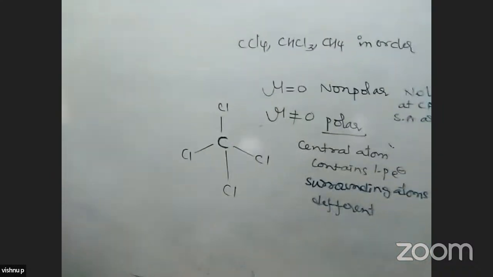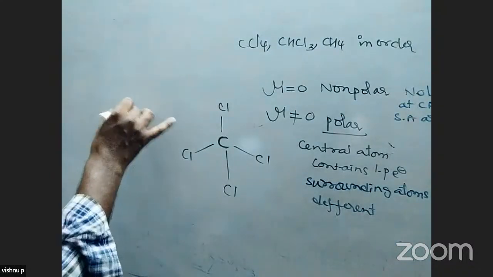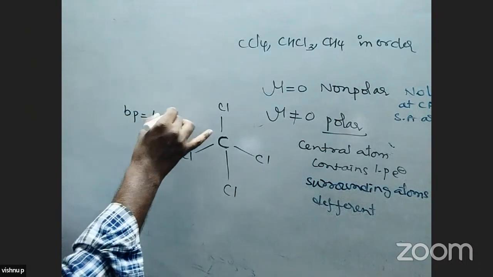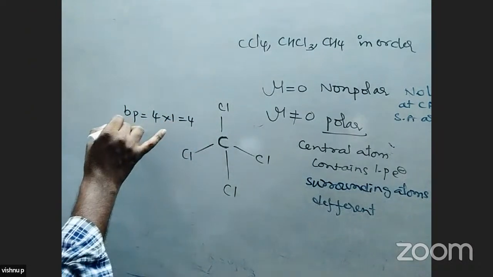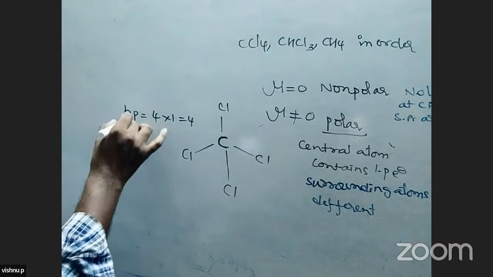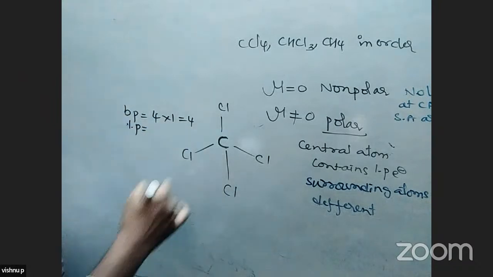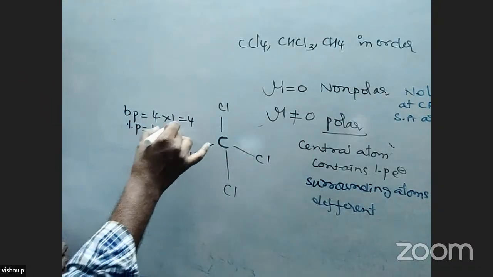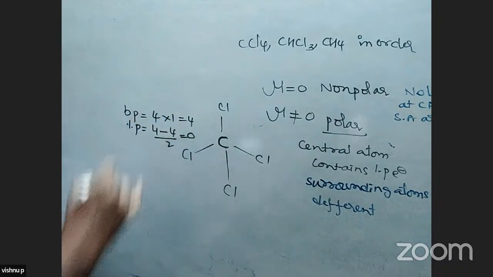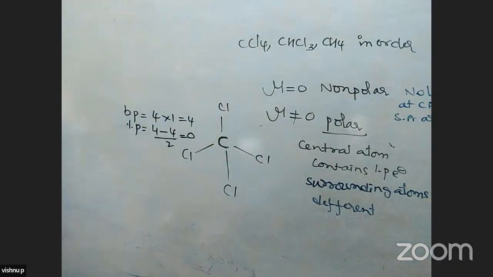We know one formula also. Bond pairs is equal to 4 into valency 1, that is 4. And we find lone pairs is equal to group number of central atom 4 minus bond pairs 4, divided by 2, that is 0. So CCl4 is non-polar in nature.